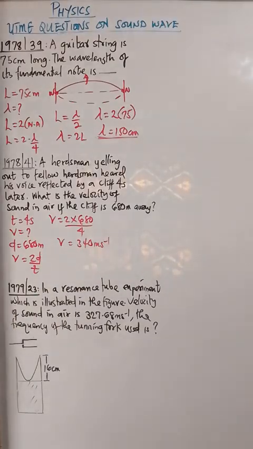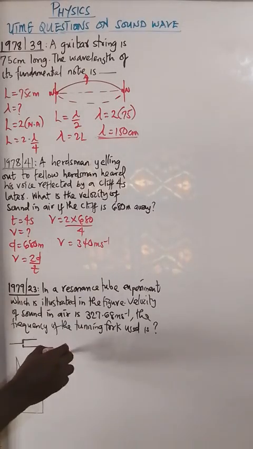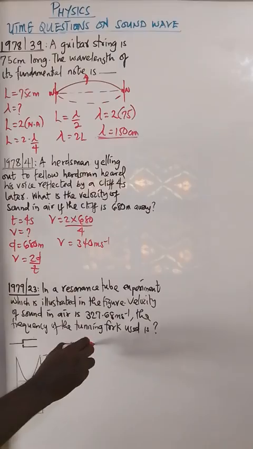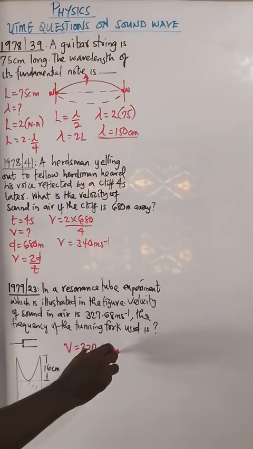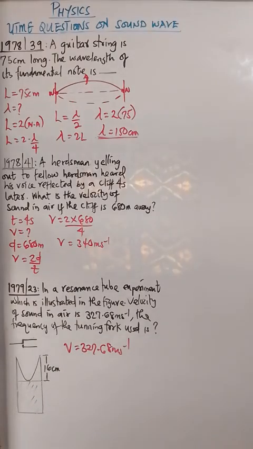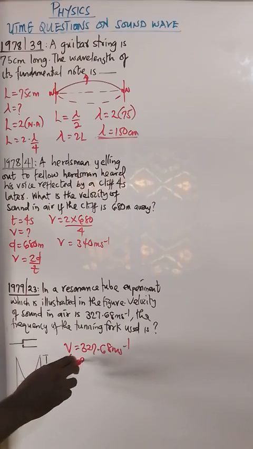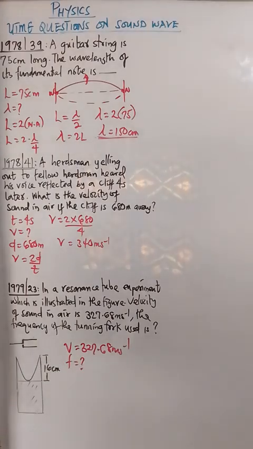For the next question, in a resonance tube experiment, which is illustrated in the figure, the velocity of sound in air is 327.68 meters per second. The frequency of the tuning fork used is, we are looking for frequency. For a normal resonance tube, when you have the liquid, the wave enters before it is reflected, so there is always end correction.